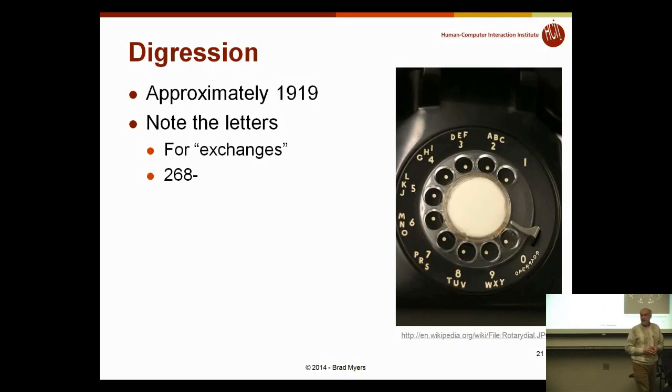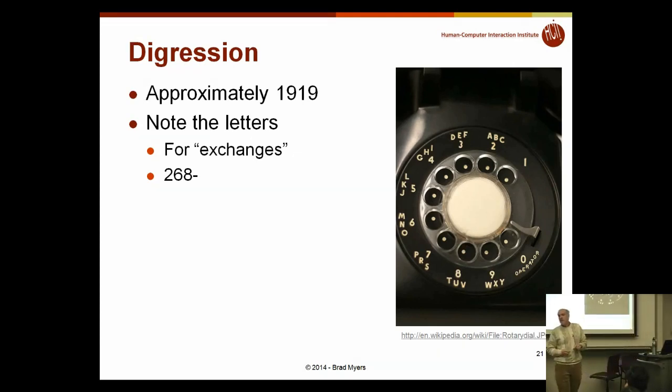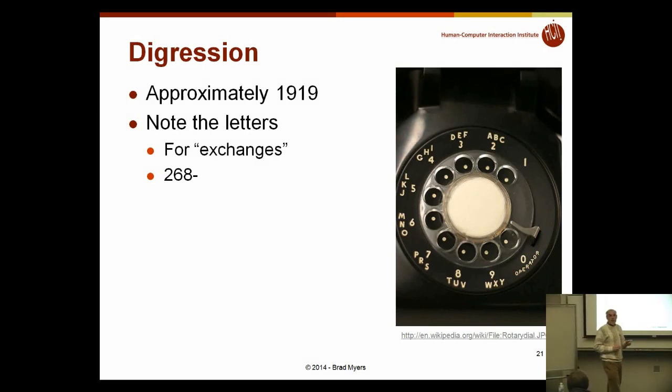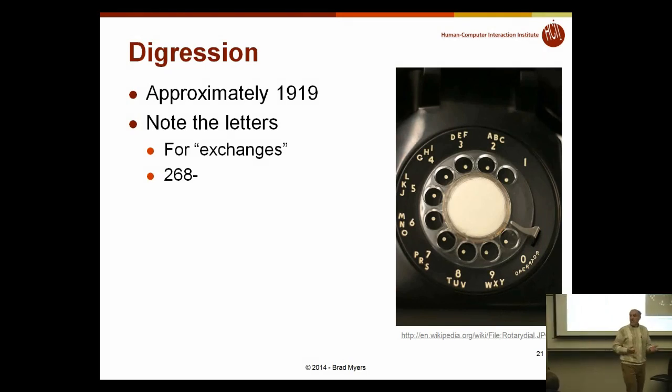Our area code is, what's our area code? 412, right? Originally, all the area codes had a 1 or a 0 in the second digit. Now they're a little more flexible. But originally, you couldn't tell the area code from just a regular number without the 1 in the front. Because in the olden days, they wanted to know before you started a number what you were doing.